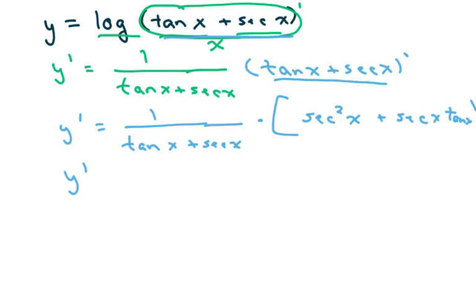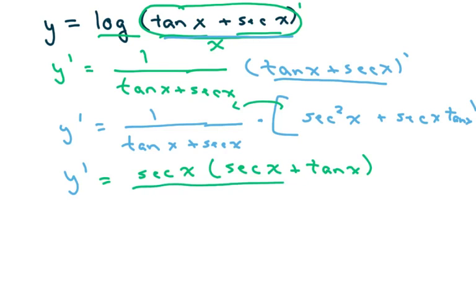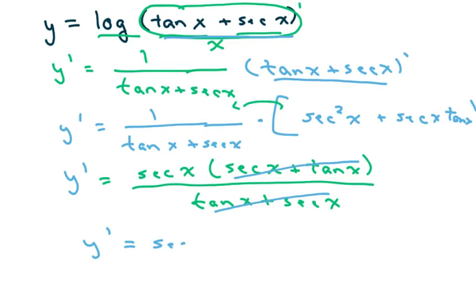I'm going to put all this in the numerator. So when you factor out a secant of x, you're going to get secant of x plus tan of x over our denominator, which is tan of x plus secant of x. What's nice about this is these two are the same, so they cancel out. So my derivative is just going to be secant x.